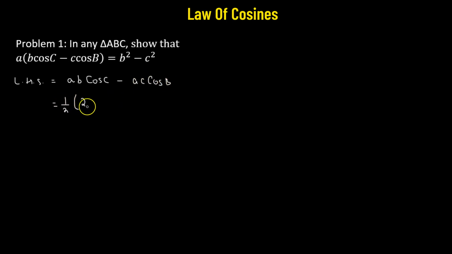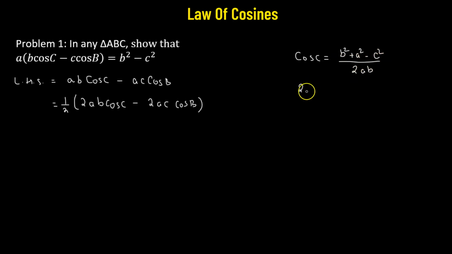So we have half multiplied by 2 times AB cosine C minus 2 times AC cosine B. The reason why I've written it in this particular fashion is because we know that cosine C is defined as B squared plus A squared minus C squared on the left hand side, divided by 2 times AB. So if we cross multiply, we get 2 times AB multiplied by cosine C, which is equivalent to B squared plus A squared minus C squared.